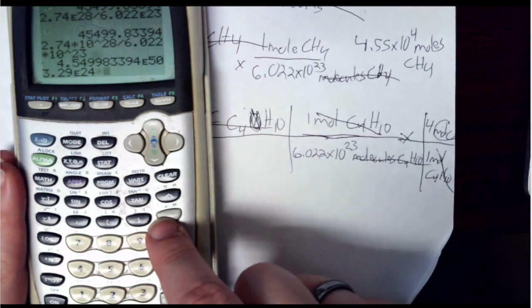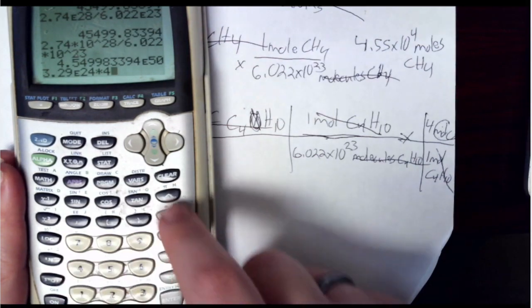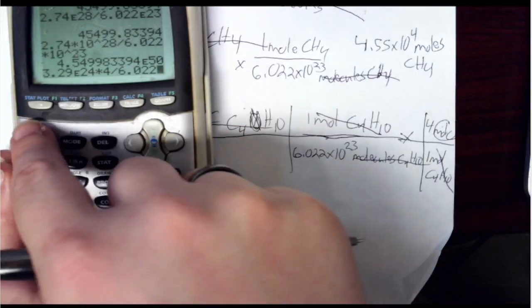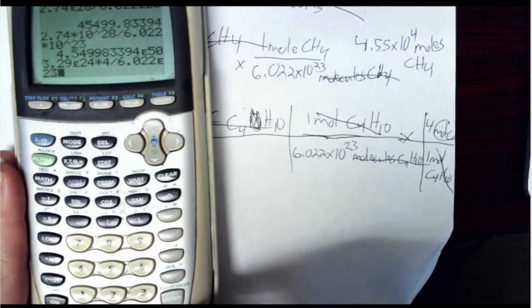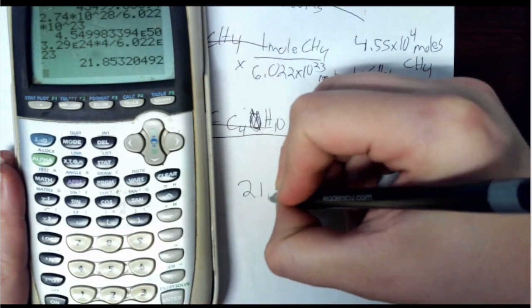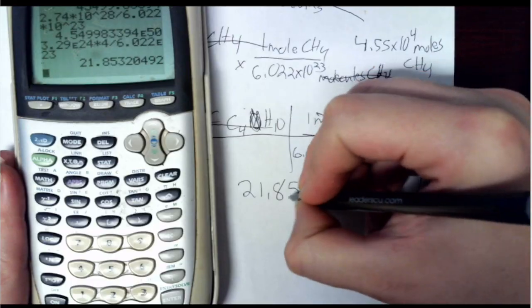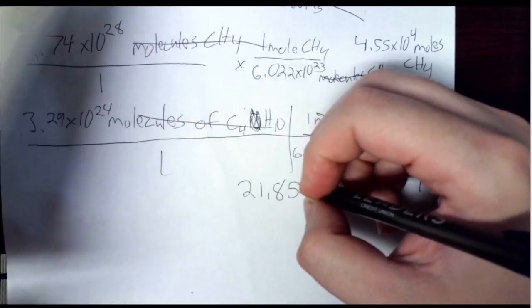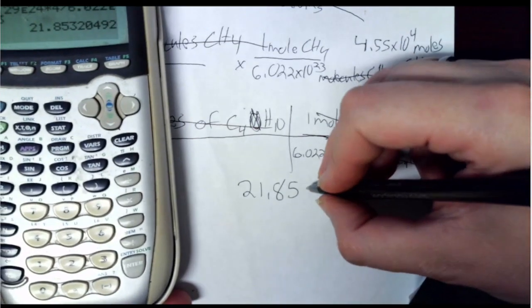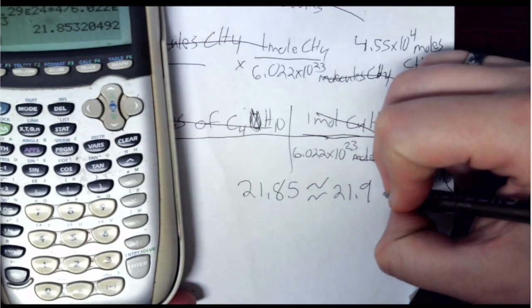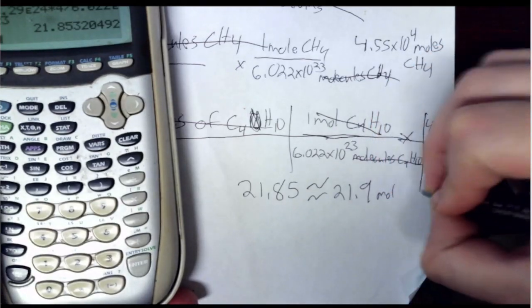So if I times by 4 and then divide by 6022 second E23, you're going to get 21.85, which can round to 21.9 moles of carbon.